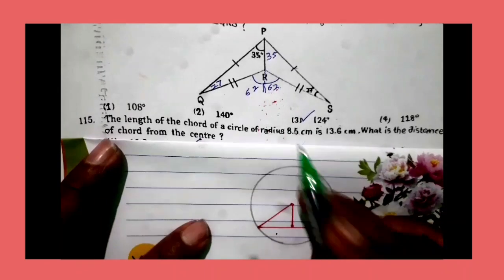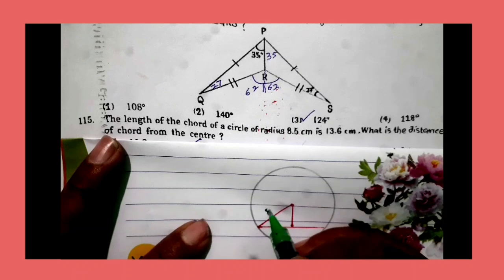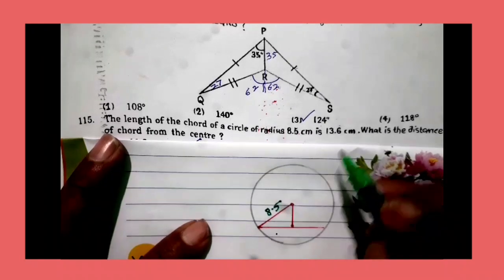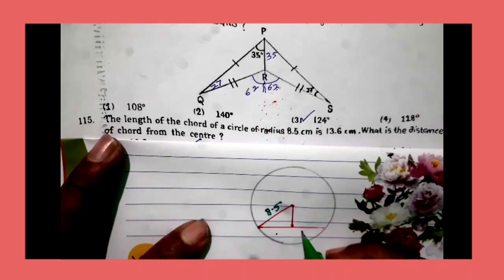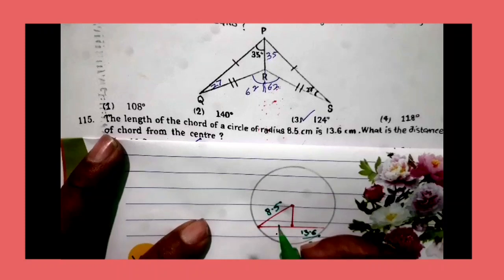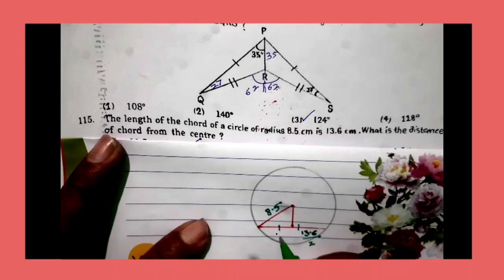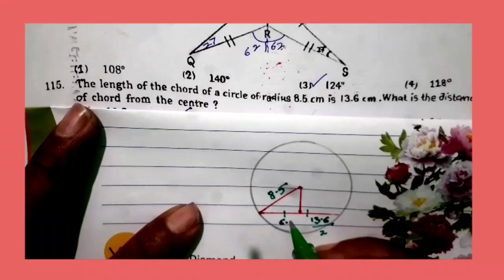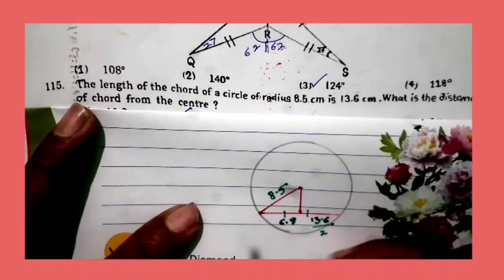Radius is 8.5 and chord length is 13.6. Divided by 2, we get 6.8. 6 times 2 is 12 and 8 times 2 is 16.